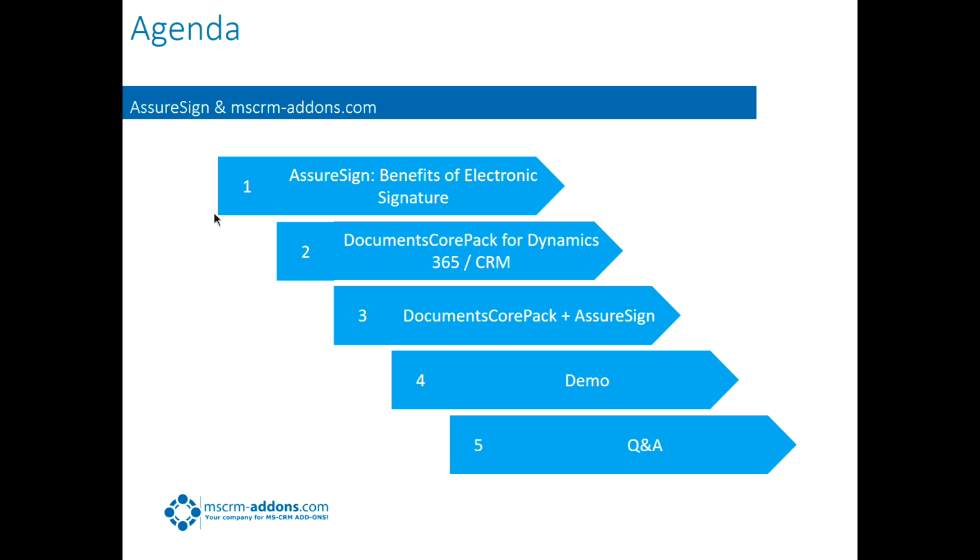Then we're going to talk a little bit about how DocumentsCorePack and AssureSign work together. And then we're going to have our demonstration where we show the process of putting things together with DocumentsCorePack, and then show the actual signing process with AssureSign. And then time permitting at the end, we're going to do a question and answer session.